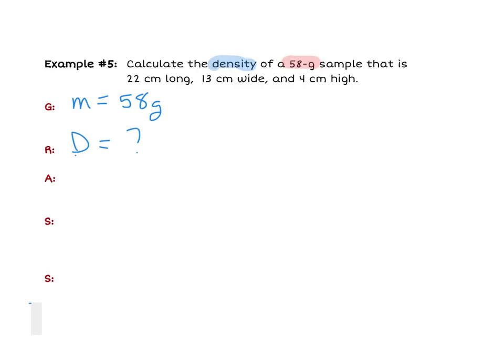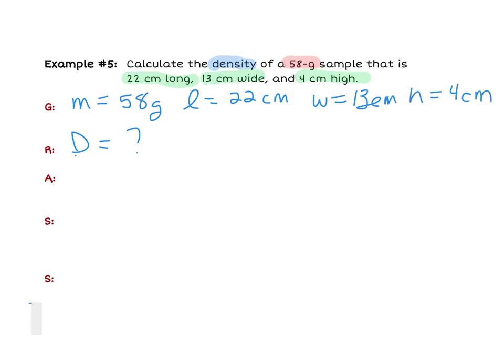Well, I have the fact that it is 22 centimeters long. I have a length, a width, and a height. So let's write that down. My length is 22 centimeters. I have a width of 13 centimeters. And my height is 4 centimeters.